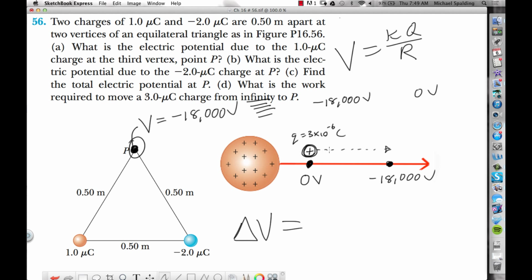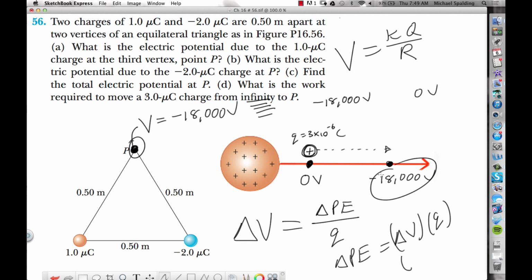Now, what's doing work as that positive charge moves down the electric field? What's doing the work on this charge here? The electric field, right? Potential difference is change of potential energy per charge. Change of potential energy is going to be delta V times Q. So our delta V, we go final minus initial, so it's negative 18,000 joules per coulomb.